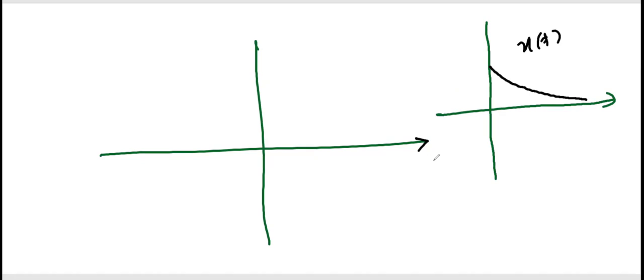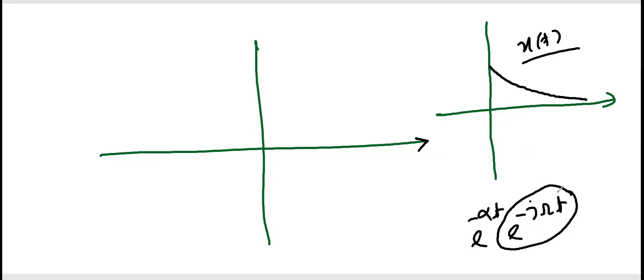It means that in the case of xt, where we have e to the power minus j omega t and e to the power minus alpha t, there is no oscillation, so there is no frequency, and omega is equal to 0. So since omega is equal to 0, this is the portion, omega equals 0. Now, what is the decaying factor?